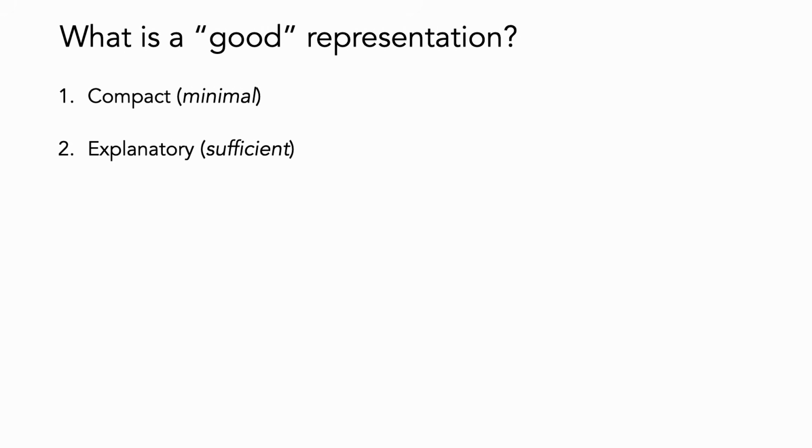And the really interesting part here is that this is going to be contextually related to the set of downstream tasks we might be interested in. Because something that is sufficient to be explanatory for one possible thing might be insufficient for another. And so a good representation ideally would be compact and explanatory in a way that makes it generalize to many possible downstream tasks.